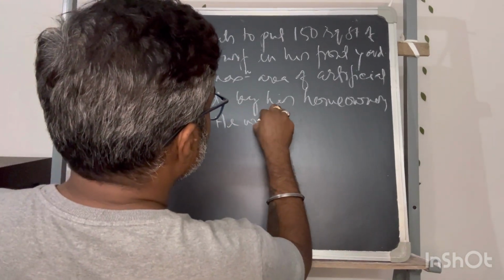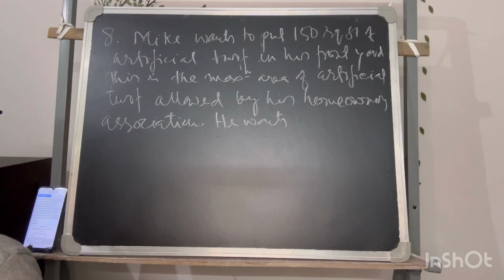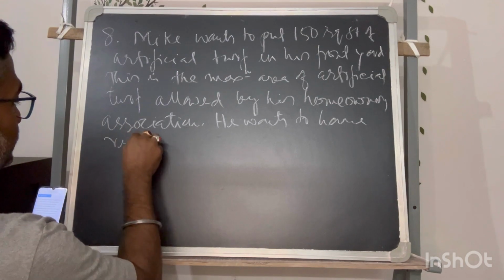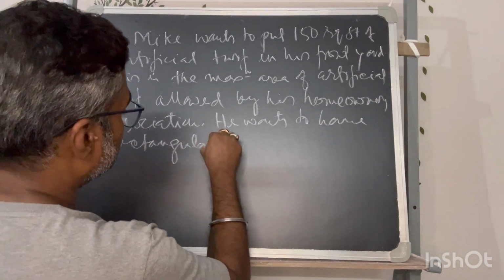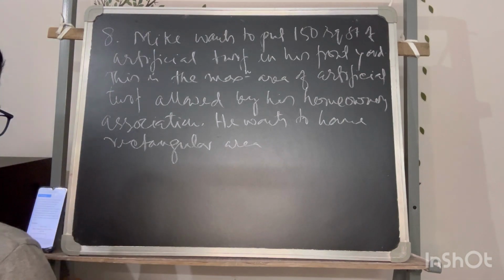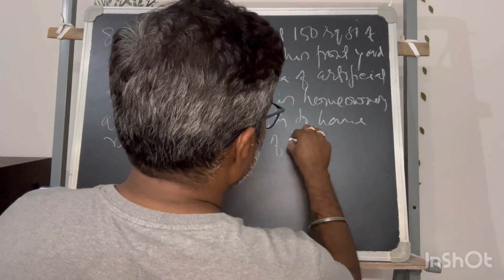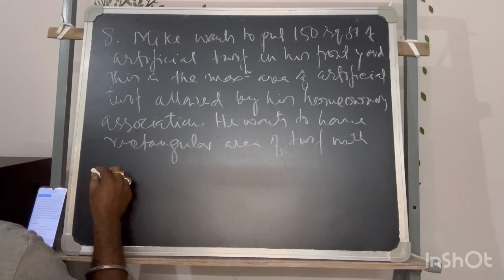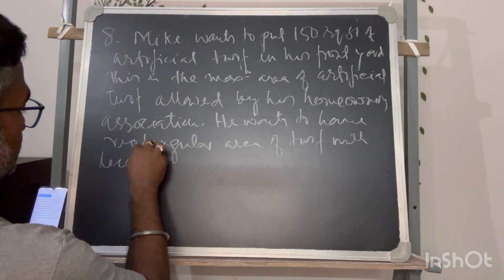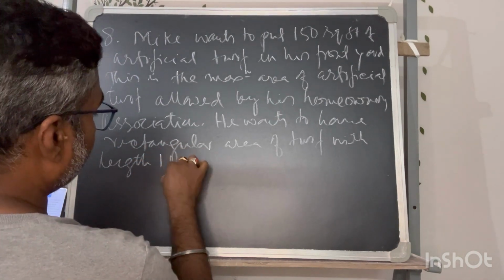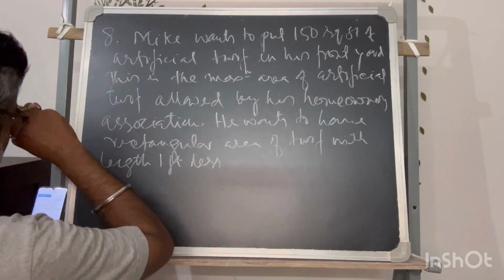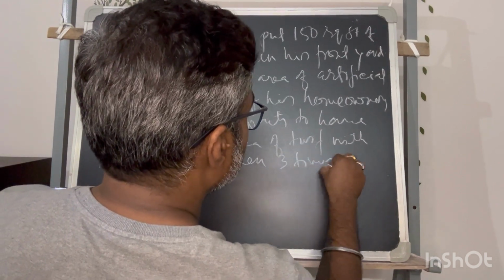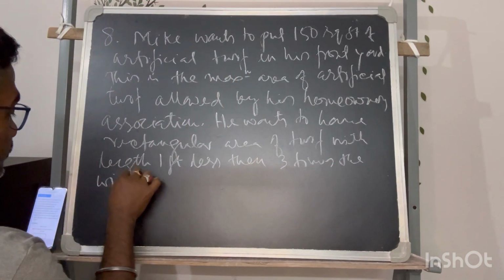He wants to have a rectangular area of turf with length 1 foot less than 3 times the width.